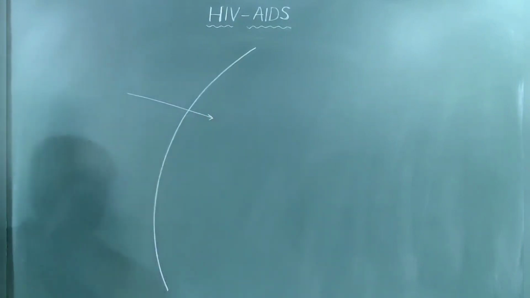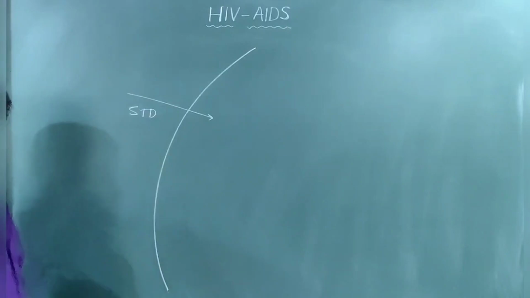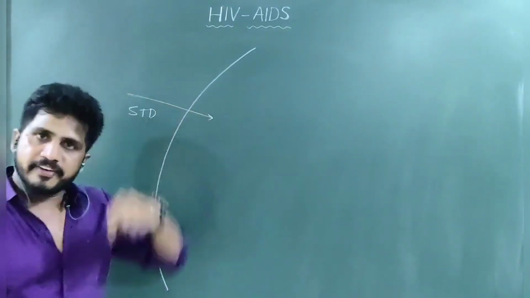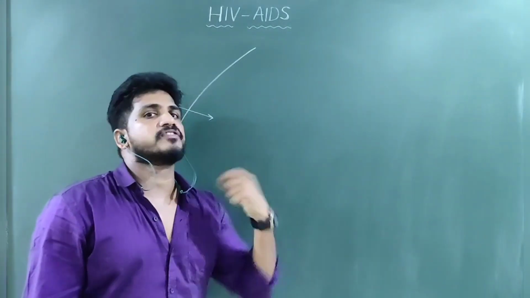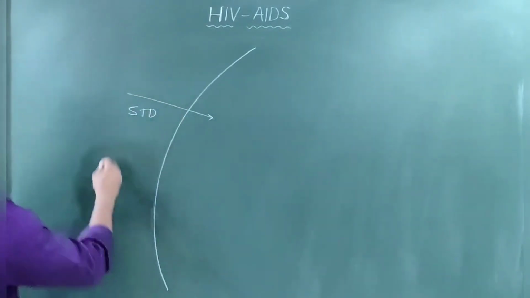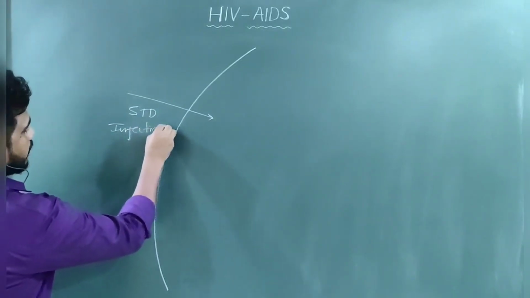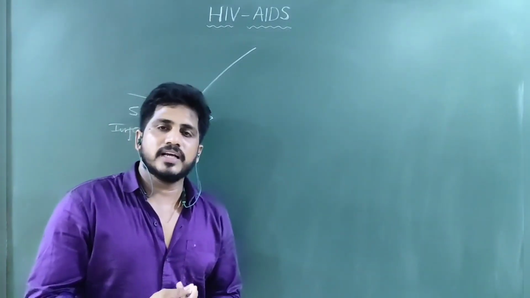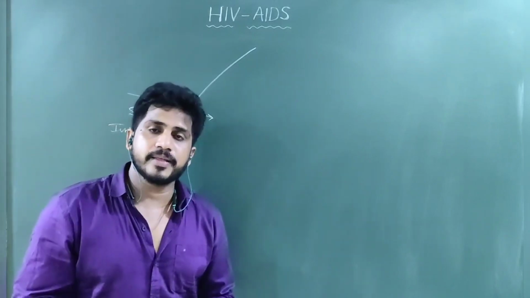How does this HIV virus infect a person? It is infected through sexual transmission, nothing but sexual contact: the person who is a victim of AIDS participates in sex, then this virus will be transmitted. And also by injections: persons who are addicted to drugs share the injections from person to person in a friend circle.